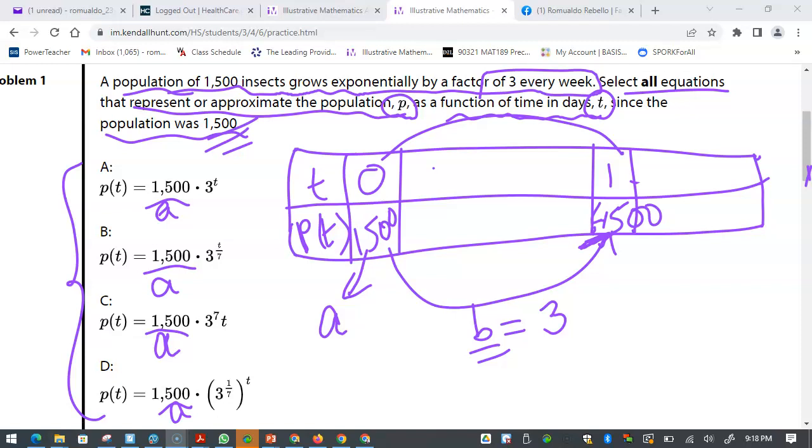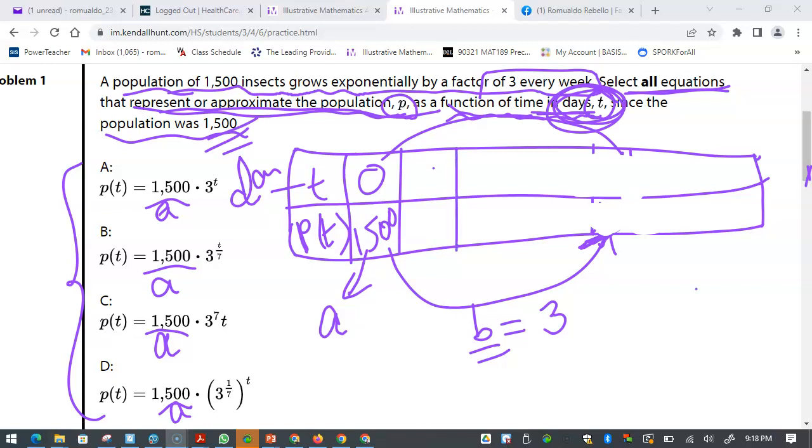The question is asking to select all equations that represent the population P as a function of time in T days. So it doesn't say weeks, it says days. I'm going to change this. We want days 0, 1, 2, 3, 4, 5, 6 and 7.